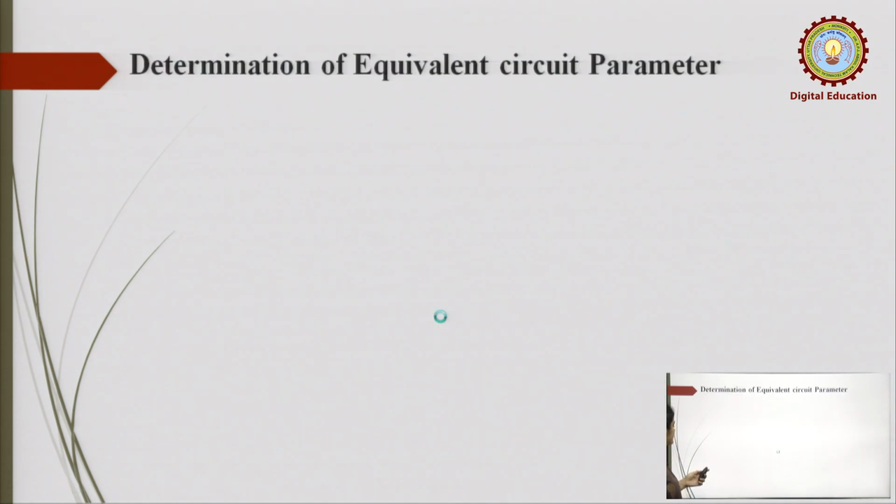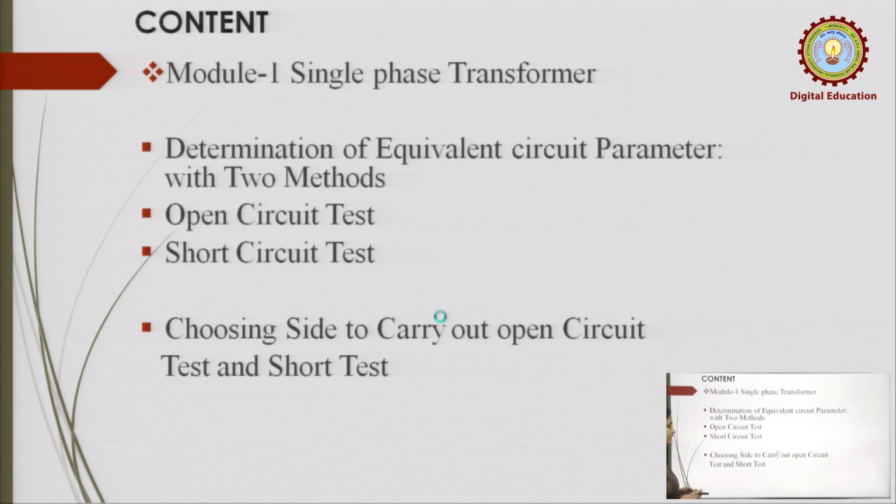Now, in today's lecture we will see how to determine the equivalent circuit parameters of the transformer. To determine these parameters, we perform two tests. One is the open circuit test and the second is the short circuit test.